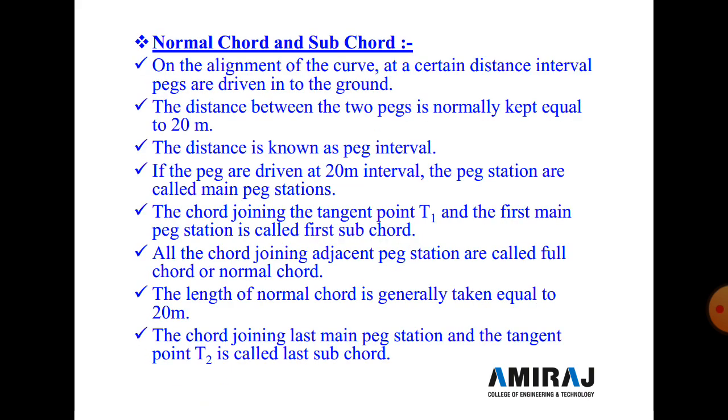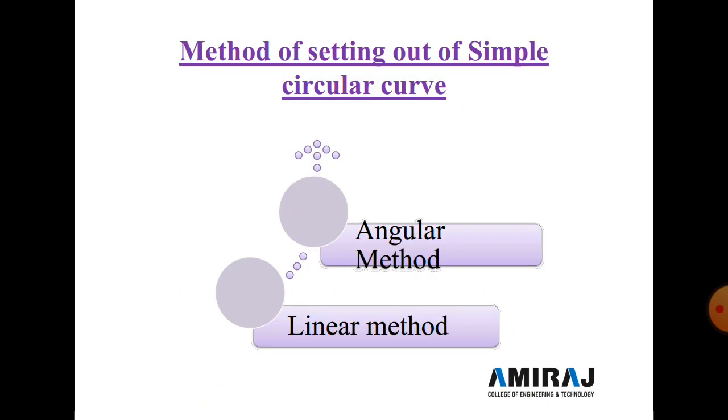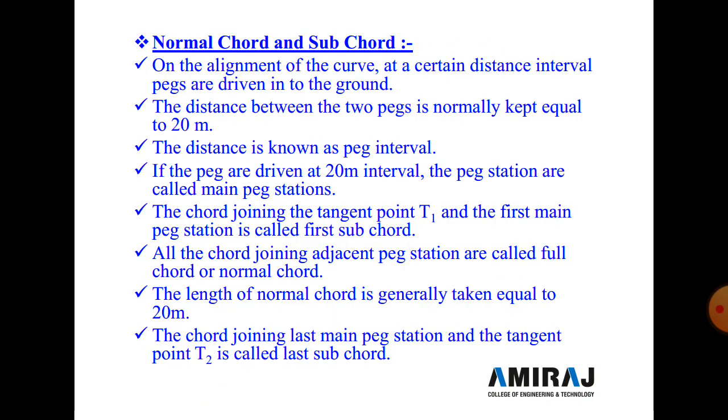Now another topic we start is normal chord and subchord. On the alignment of the curve, pegs are driven into the ground at certain distance intervals. The distance between two pegs is normally kept equal to 20 meters, and this distance is known as the peg interval. If the pegs are driven at 20 meter intervals, the peg stations are called main peg stations.